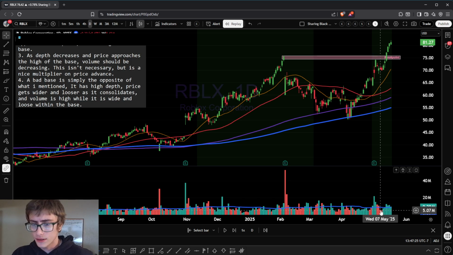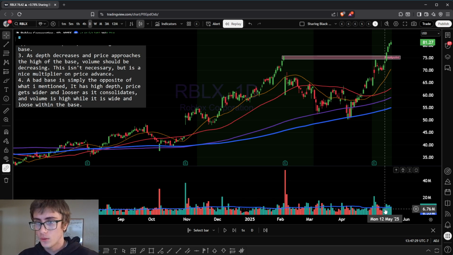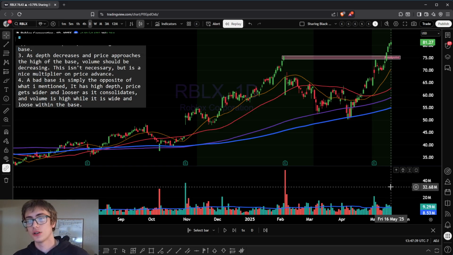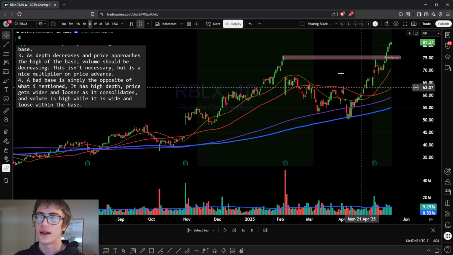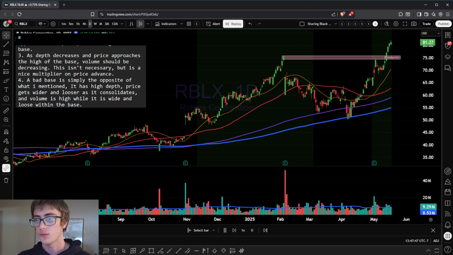There were 2 days where the volume was super low, and then boom, the volume starts lifting up, and you get this really strong volume contrast where on this day it was 5 million shares, and then here it's 10 million shares. So demand increased and price advanced rapidly and with strength.